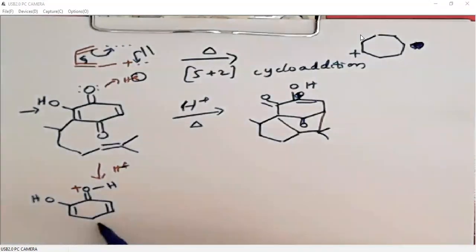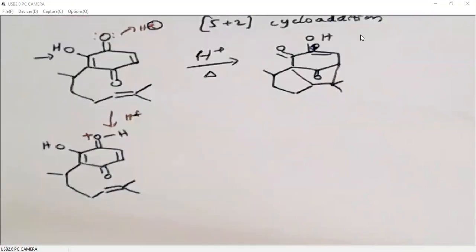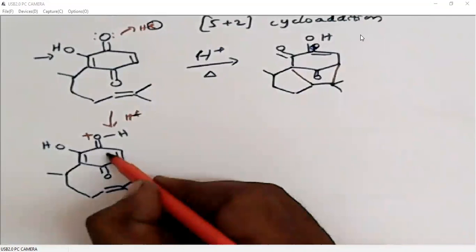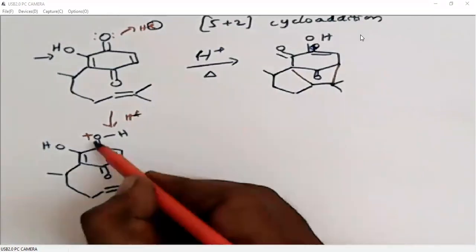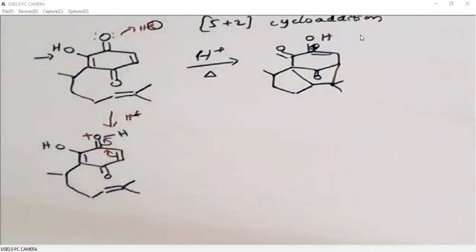I'll try to write the complete system. Then this double bond will undergo polarization towards the carbonyl because oxygen is positively charged. It can polarize this double bond towards itself so that it gets neutral.